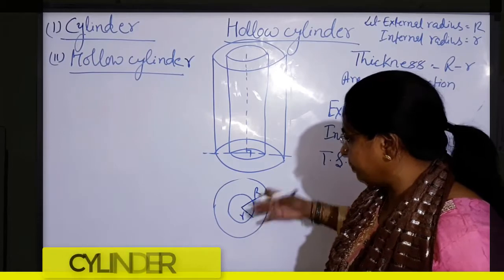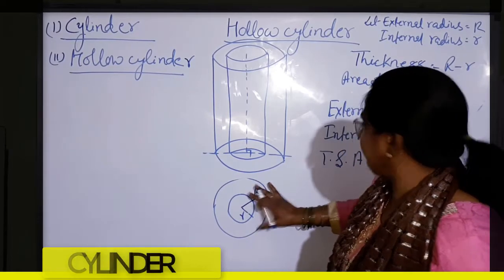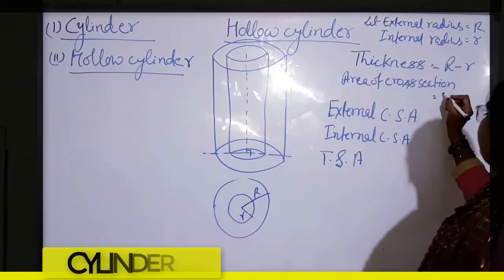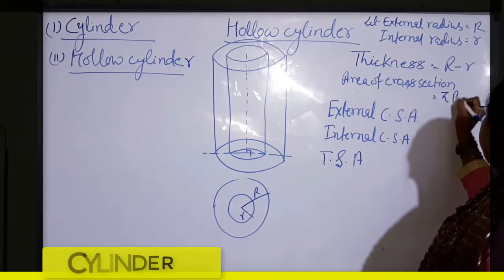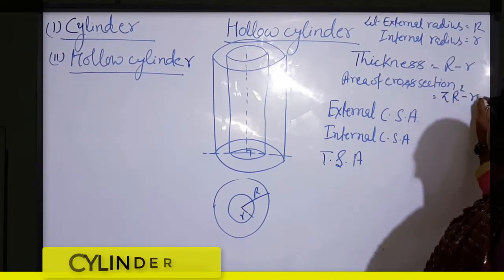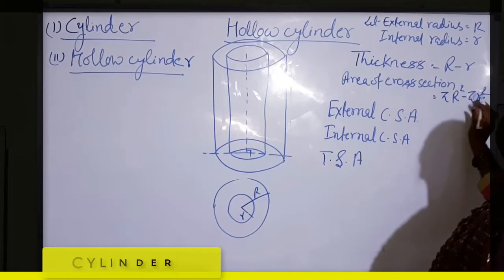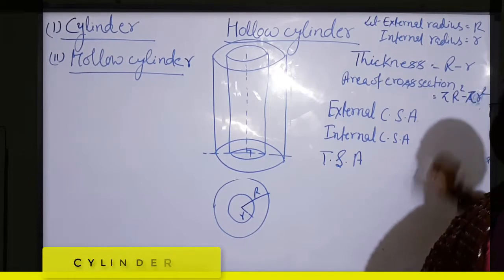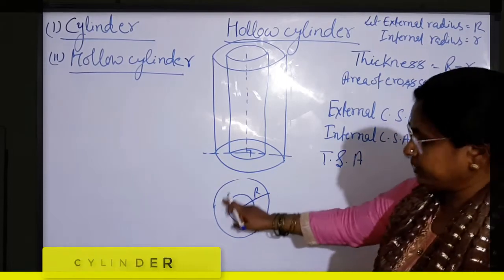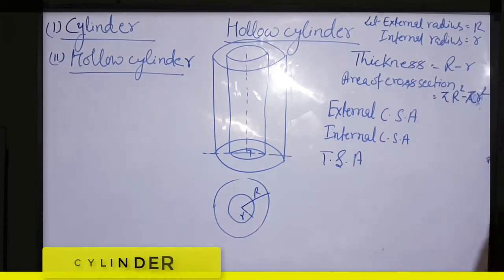So if we subtract, area of cross section means pi capital R square minus pi small r square. That is the cross sectional area.